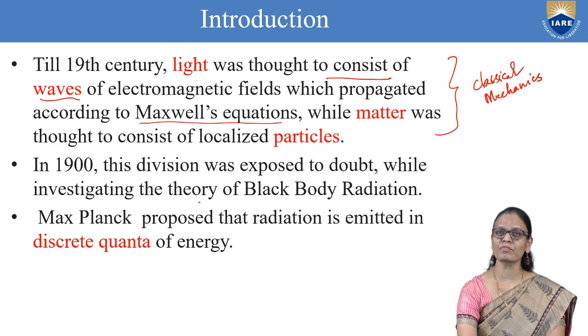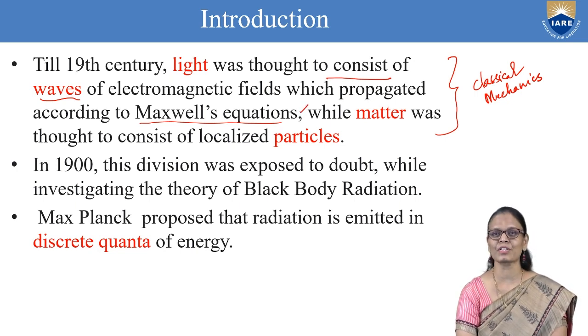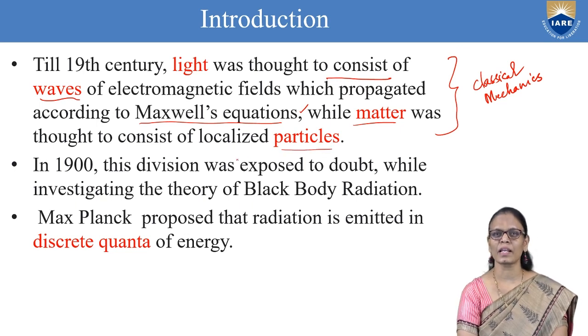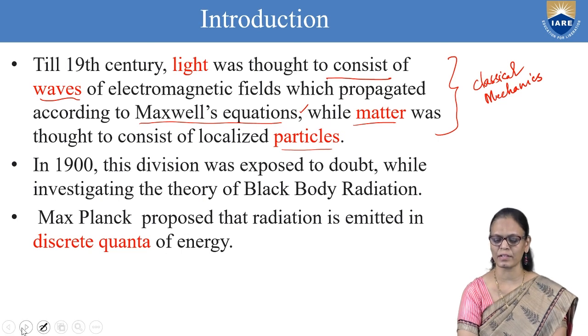So whenever they had to talk about light or show the propagation of light, they took the help of Maxwell's equations. And when it comes to matter, they thought matter should always be localized as particles. This is according to classical mechanics.